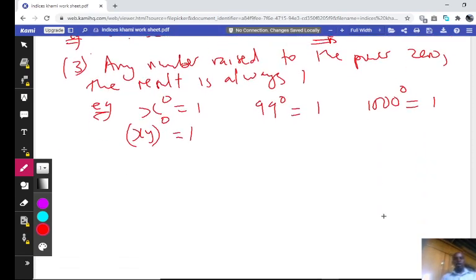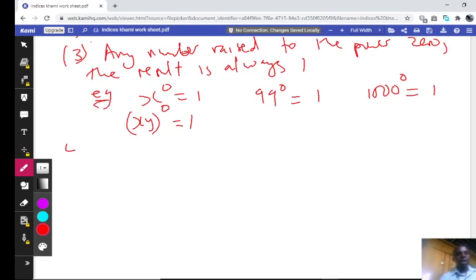Then next, law number 4. It says any number raised to a negative power is the same as 1 over the same number when raised to a positive power.